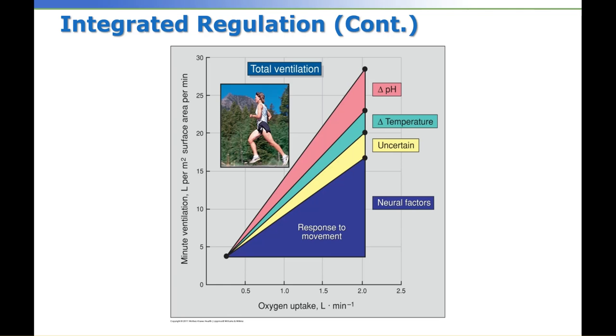So you have integrated regulation. You have oxygen uptake as it goes up, and minute ventilation goes up, and what causes that? Neural factors, uncertain factors, temperature, and pH cause integrated regulation.